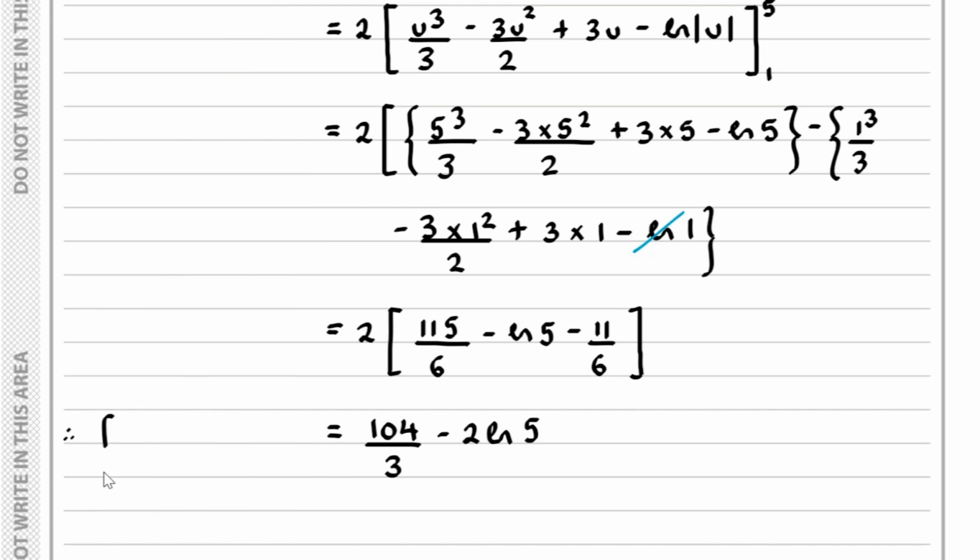So therefore the integral between 0 and 16 of x over 1 plus square root x dx is equal to 104 over 3 minus 2 times by the natural log of 5.